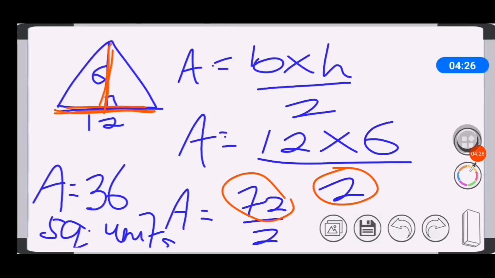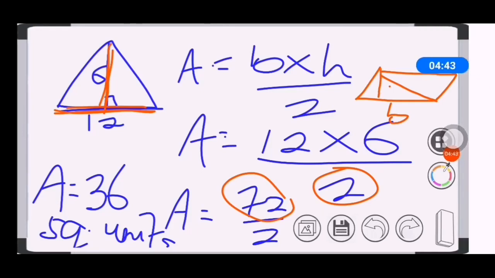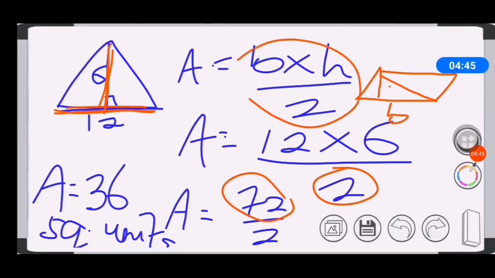So we use the formula for a parallelogram, divided by 2, and we must get a triangle. This is a parallelogram. If I cut it into 2 parts, I have a triangle. And the formula for a parallelogram was base times the vertical part, which is the height. That's why we came up with this formula here.